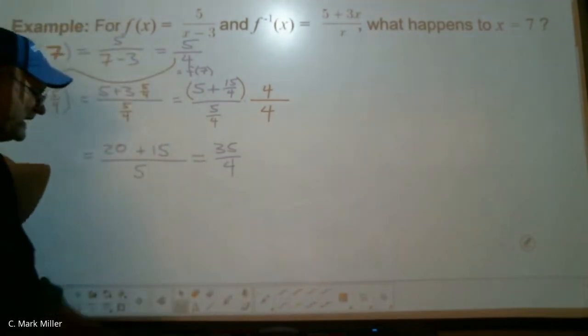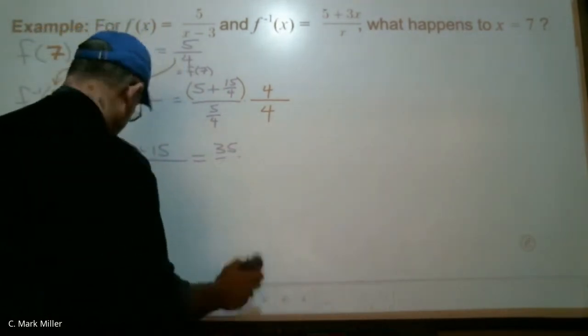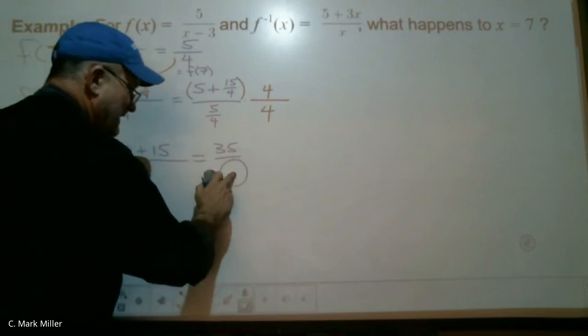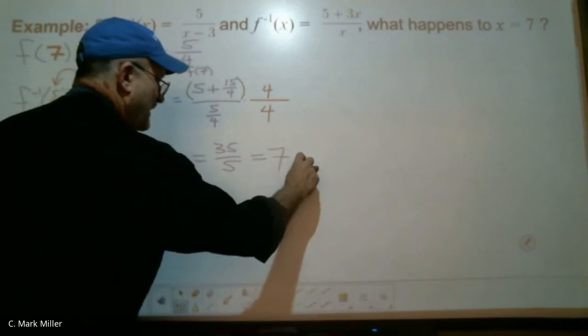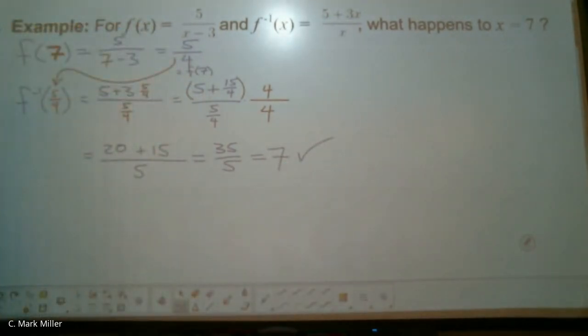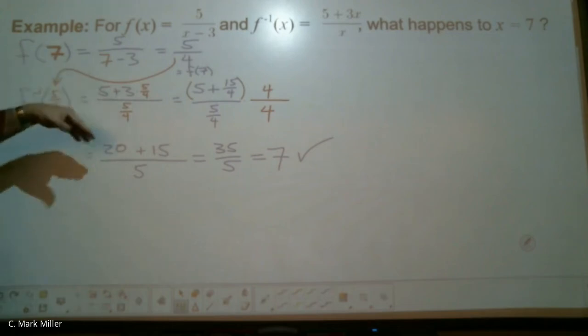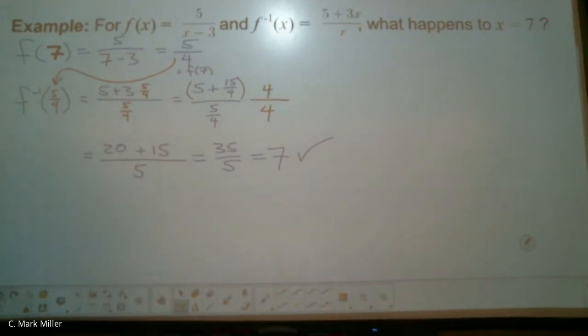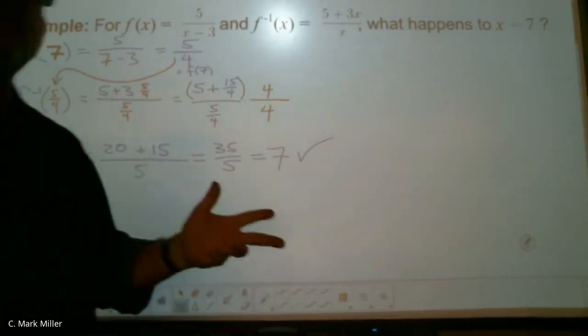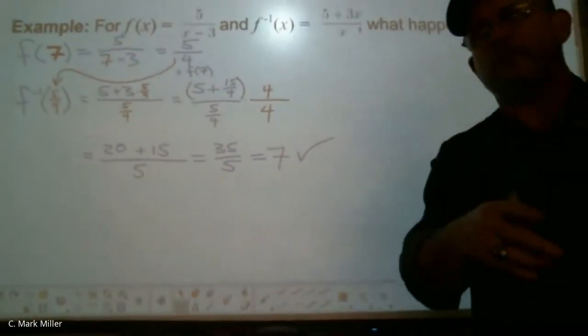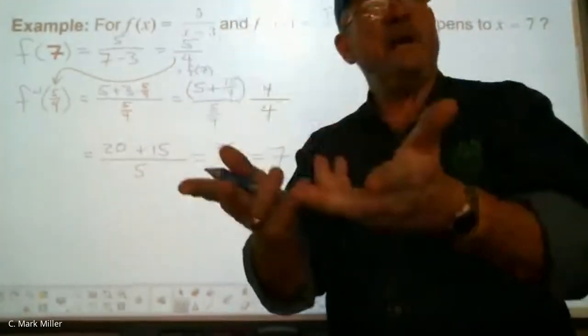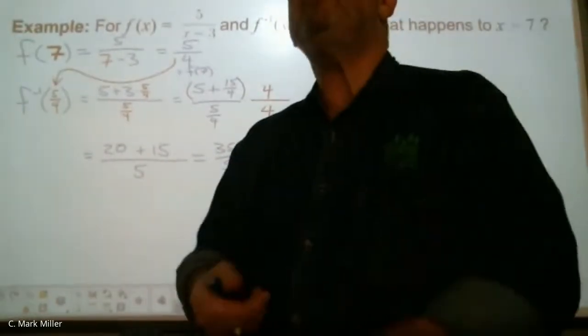Did I say fourths? Fifths? I definitely would have caught that because the next step wouldn't have worked. Which is 7, and that's what we started with. So f inverse undid all the stuff that f did to 7. F took 7 and added and multiplied, divided, whatever. F inverse takes that number, unmultiplies, undivides, unsquares, whatever, and gives you your original number back in pristine condition.